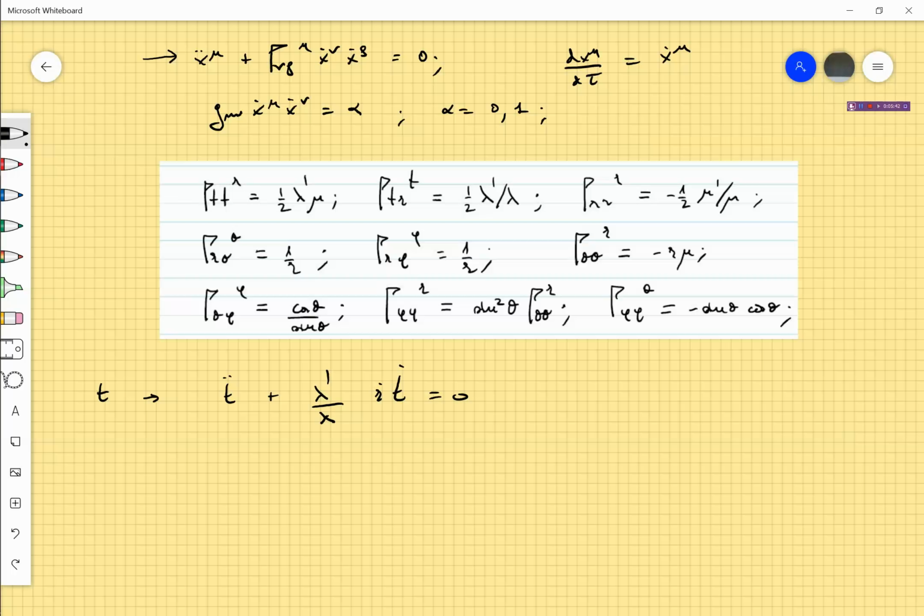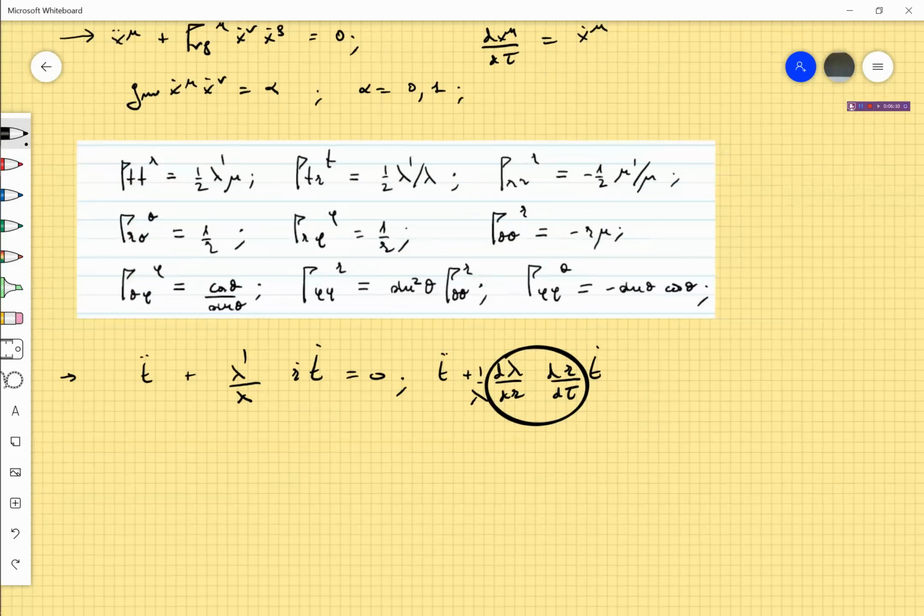Now you should take into account this: this is a double derivative with respect to tau, and this is a derivative with respect to r of lambda, and r dot is a derivative of r with respect to tau.